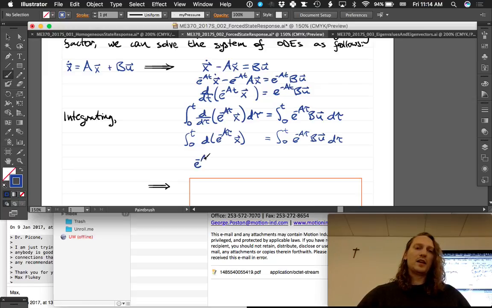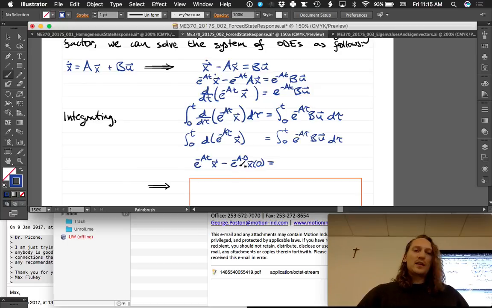So e to the negative A t, x, it's x of t but we're going to suppress that, minus e to the negative A times 0, the time equals 0 limit, times x of 0, right? That's the initial condition.